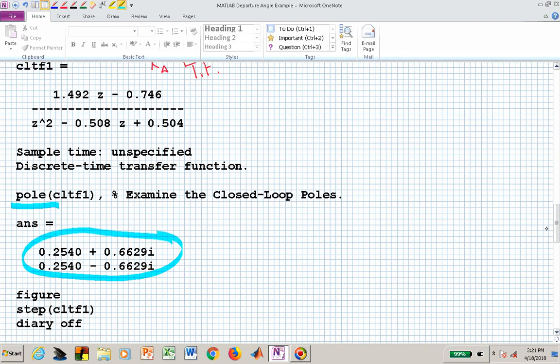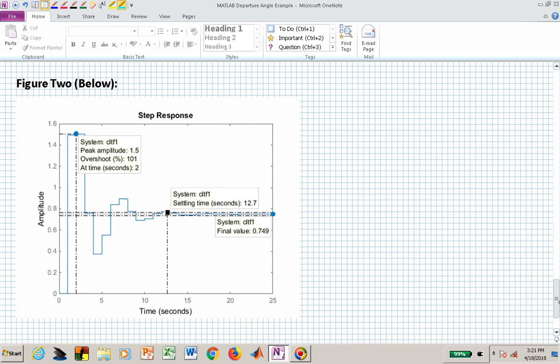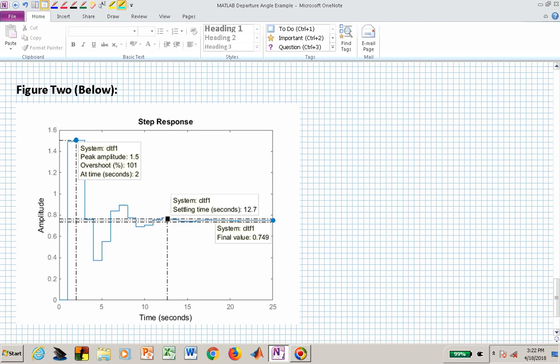And then I introduced a new figure window. I issued a step command, and that's now my last plot. And I looked at the peak response, and it looks like I have an overshoot of 100%, which is pretty high. I have a settling time of 13 sample periods, and my final value is at 0.75.